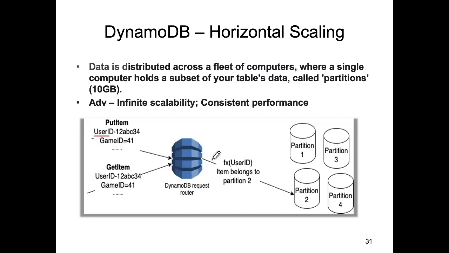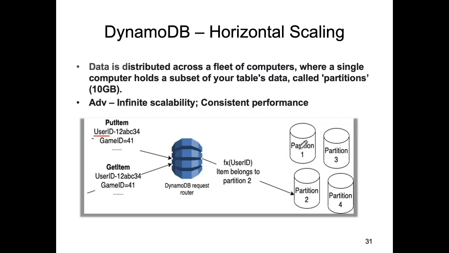I didn't mention there, but what this means is that if you've got a table that has a composite primary key, i.e. a combination of a partition key and a sort key, then, let's stick with the example, all of the items for a particular user are going to be stored in the same partition.